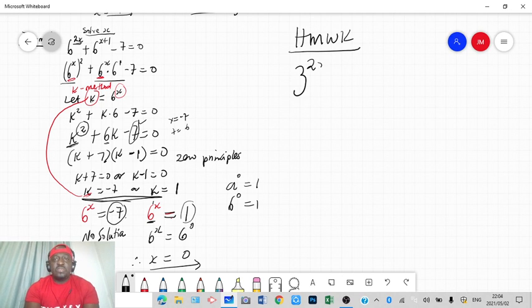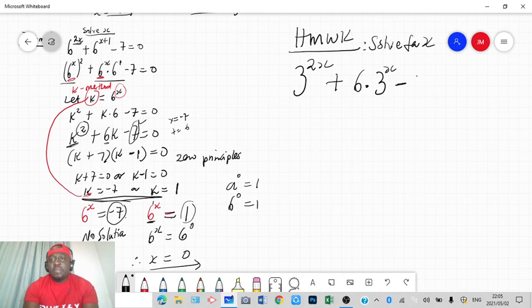The question says solve for x: 3 to the power of 2x plus 6 times 3 to the power of x minus 27 equals 0.